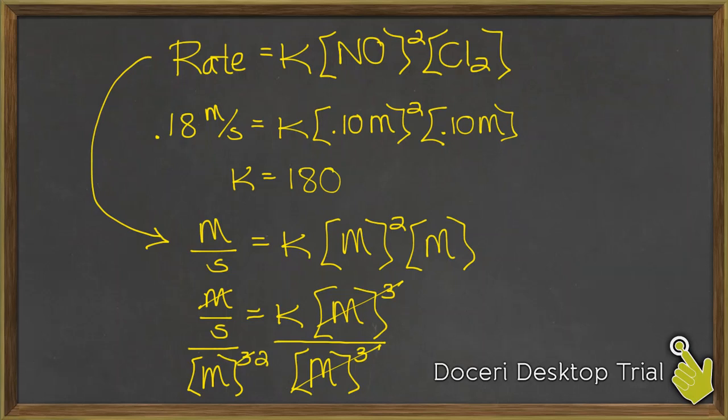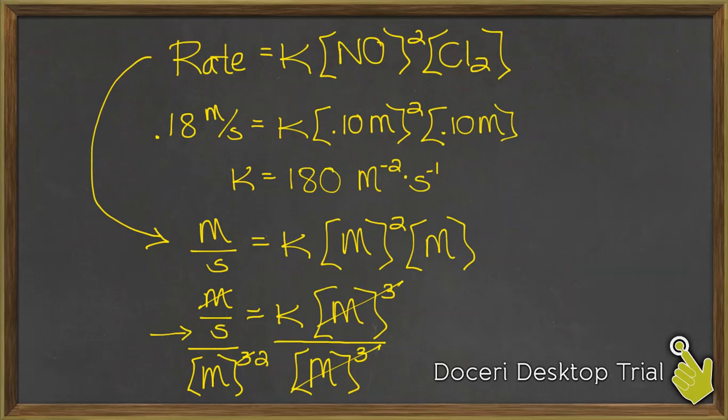There are many ways you can write the units in this problem. I'm going to write them in multiple ways. All of these are acceptable. I could write the units like this: molarity to the negative 2 power, because that molarity squared is in the denominator. And so is seconds. That's also in the denominator.